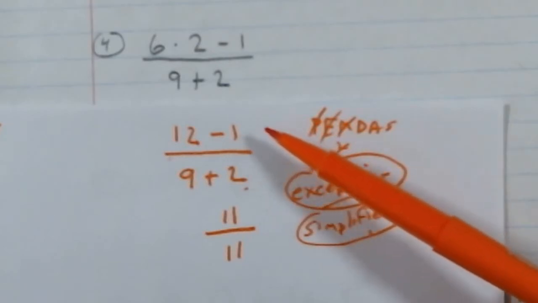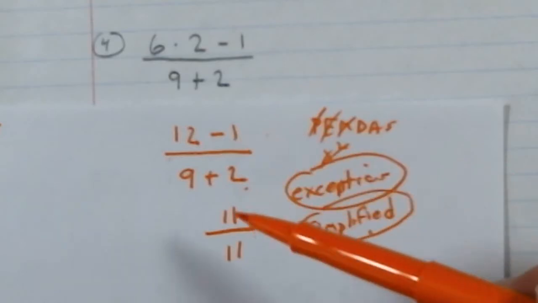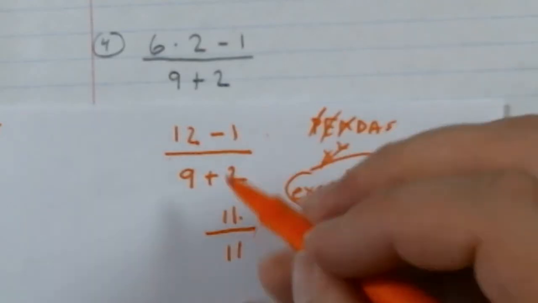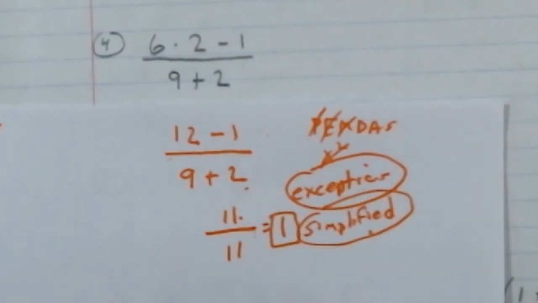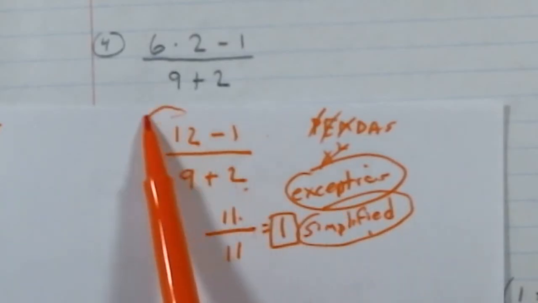You're getting some numbers a little bit simpler, so when you divide, you can make an answer out of it. Well, what's 11 divided by 11? Well, that's just one big 1. So sometimes you're going to have to make an exception, and this is hopefully going to be obvious for you.